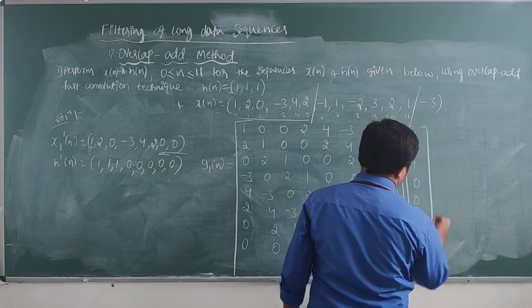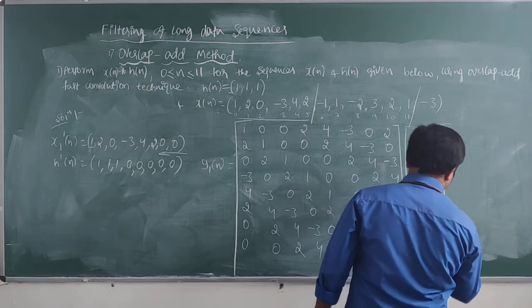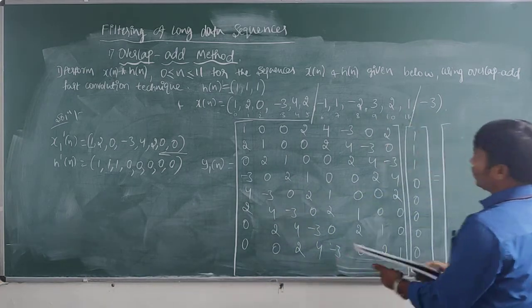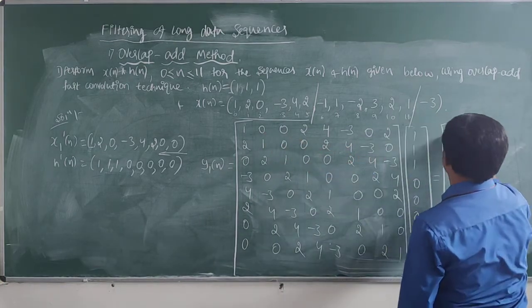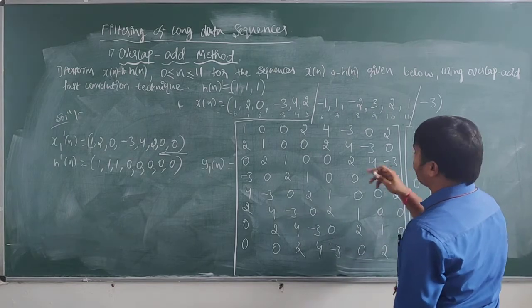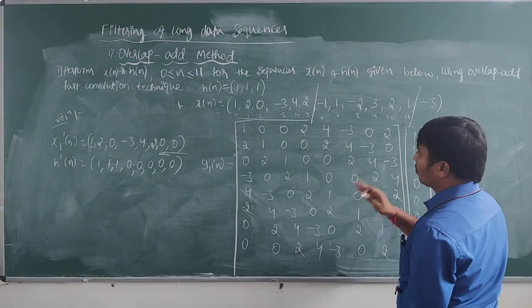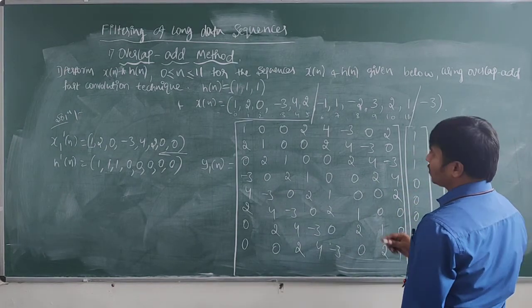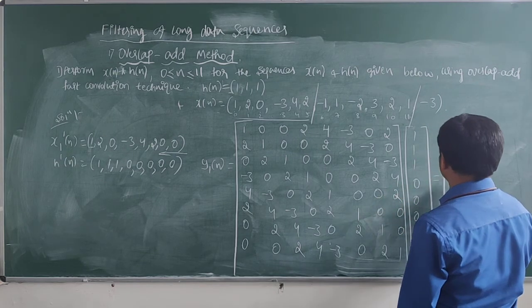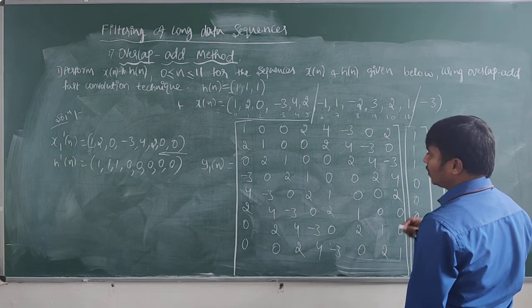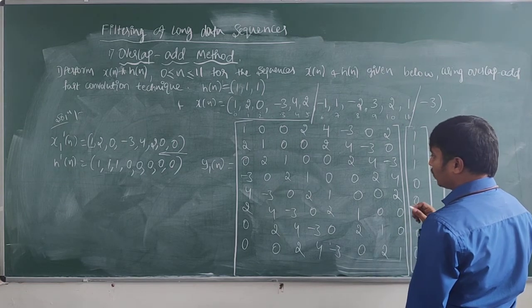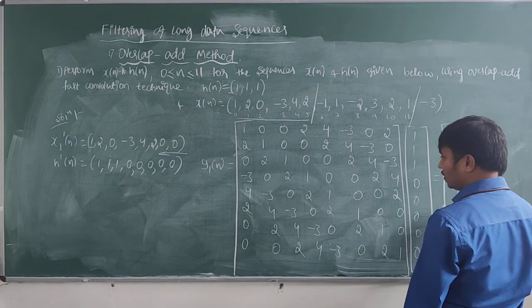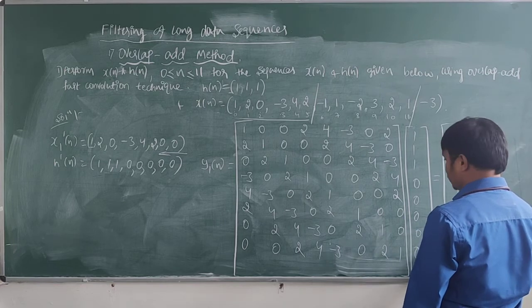Now perform the circular convolution. Here 1 plus 0 plus 0 is 1. 2 plus 1 is 3. 2 plus 1 is 3. Again minus 3 plus 2 is minus 1. 4 minus 3 is 1. 2 plus 4 is 6, and 6 minus 3 is 3. 2 plus 4 is 6.